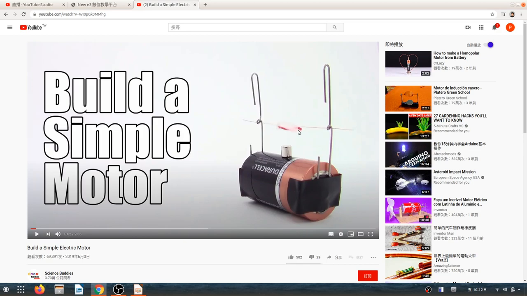And the electric motor is basically everywhere in the modern world. There are electric motors in cars, in motorcycles, in trains, and basically everything that moves, every kind of traffic tool, all of them are driven by electric motors.